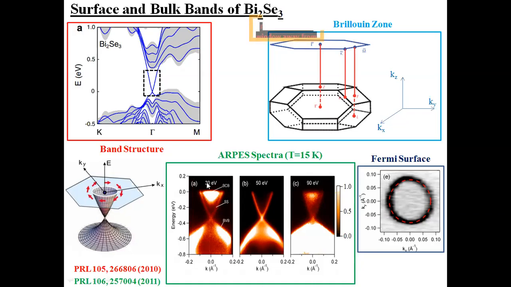So this particular spectrum has one kz value, this one has another kz value, and this one has another, depending on the respective photon energy. So this band has now become a function of kz, a function of photon energy.